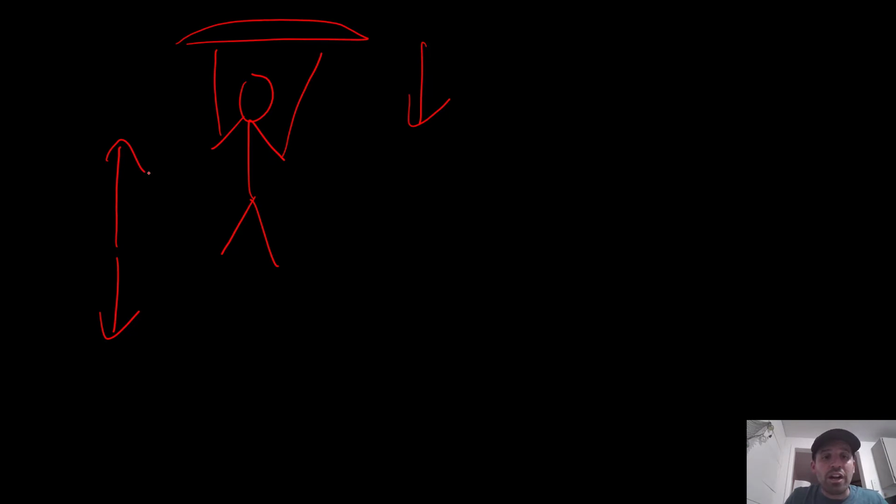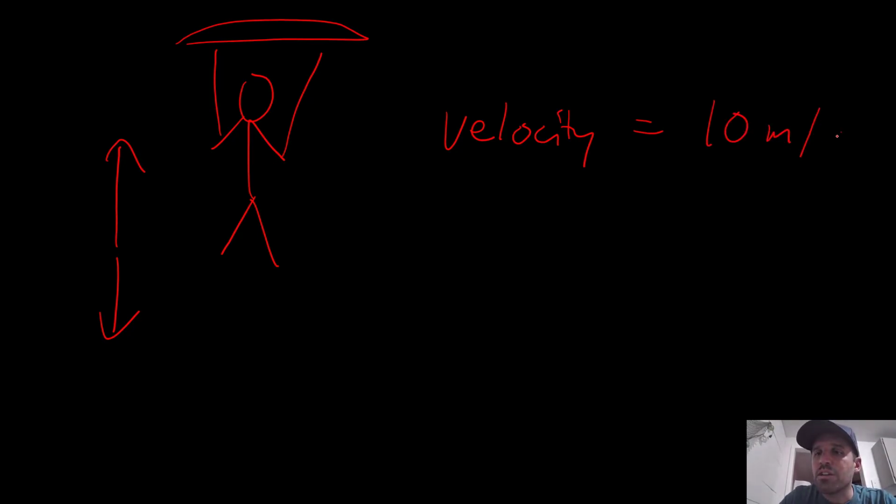So he's no longer accelerating. However, he is falling at this constant velocity. If he is falling at a velocity of 10 meters per second, how far will he go in 10 seconds? Think this one through.